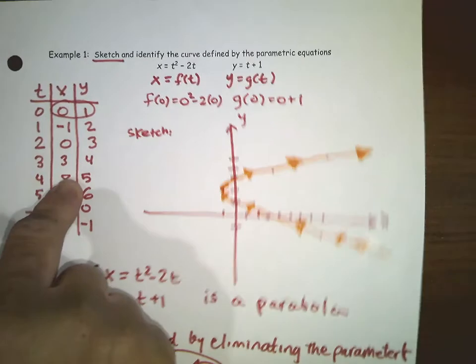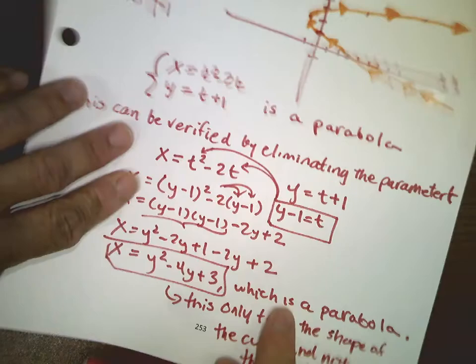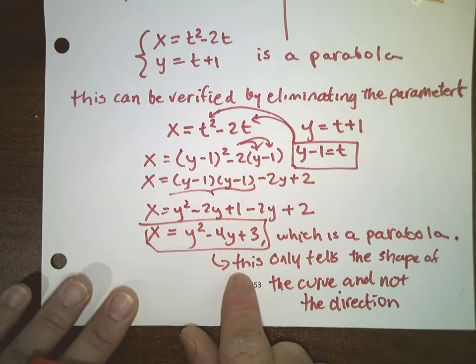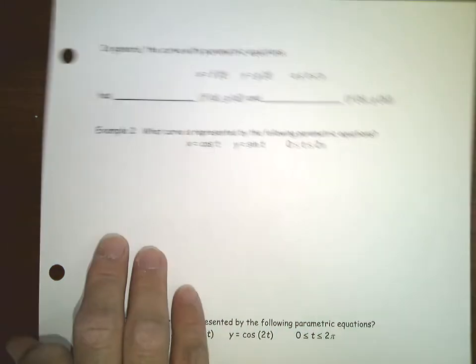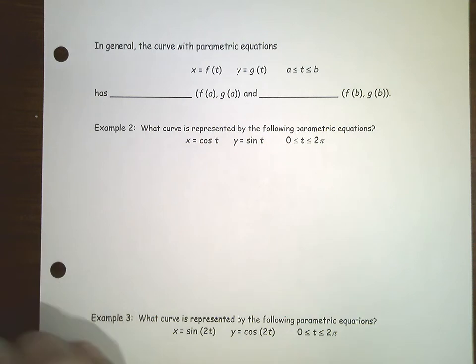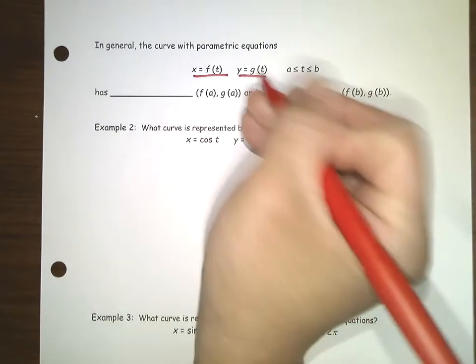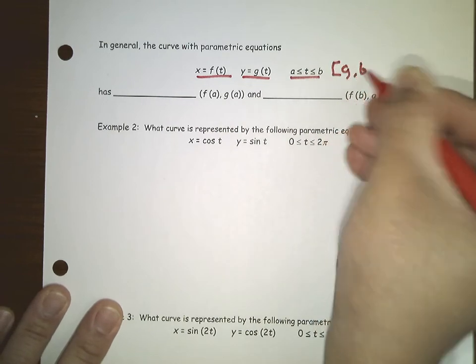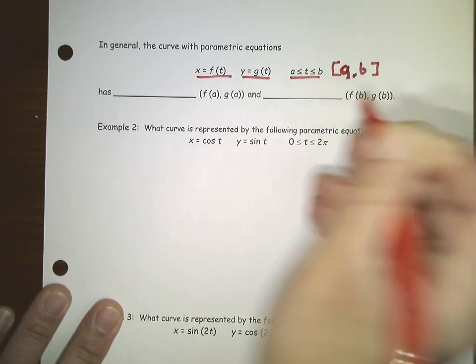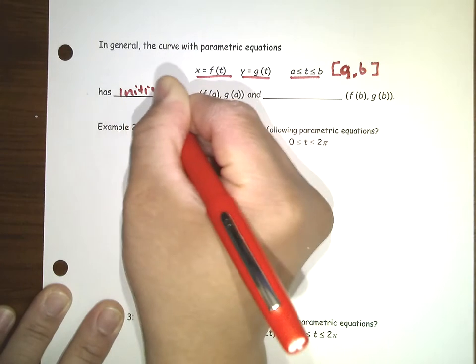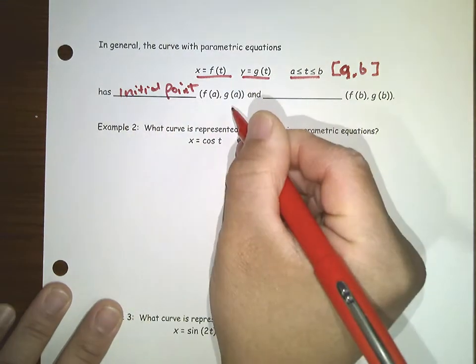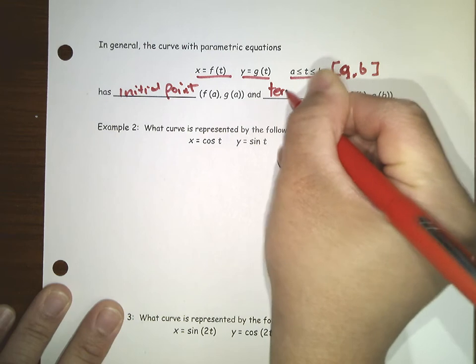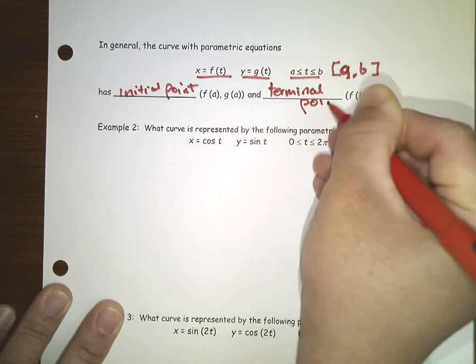What it looks like parametrically defined and non-parametrically defined. So now let's go ahead and try another example here. In general, the curve with these parametric equations, x equals f of t and y equals g of t, where t is between a and b inclusive, on the closed interval a to b, has an initial point at f of a, g of a, and a terminal point at f of b, g of b.